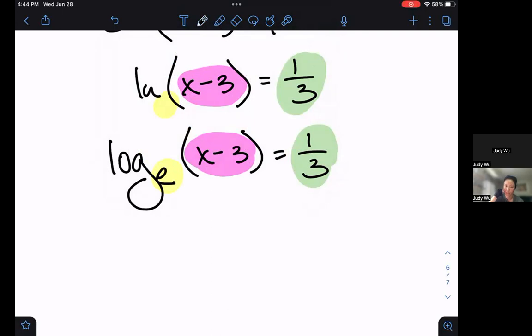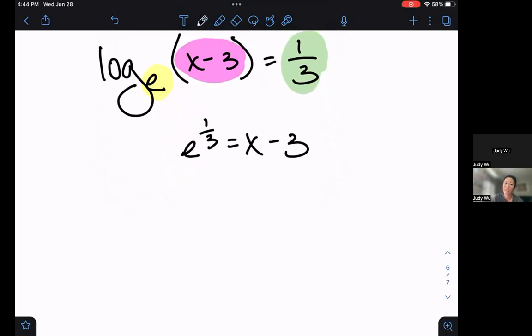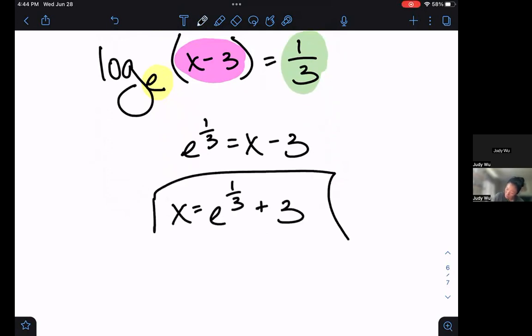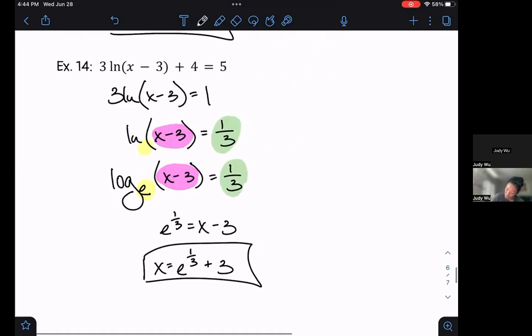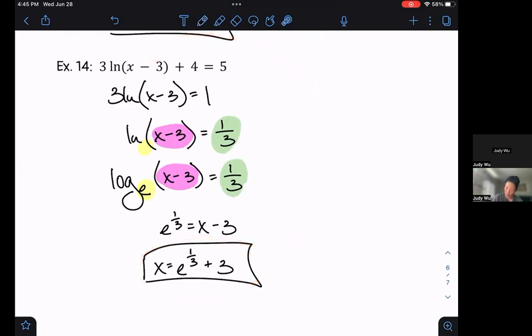My base is e. So now I have e to the 1/3 equals x minus 3. The only thing I need to do to get x by itself is to add 3 to both sides. And I'll leave that for you to plug into your equation and see if that works.